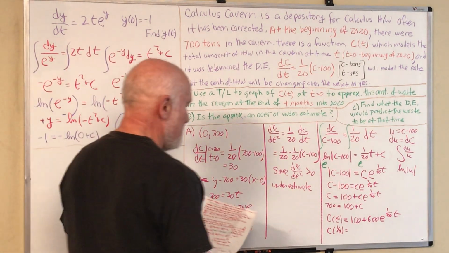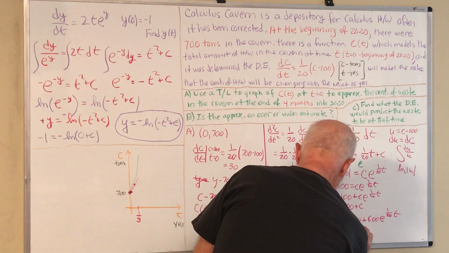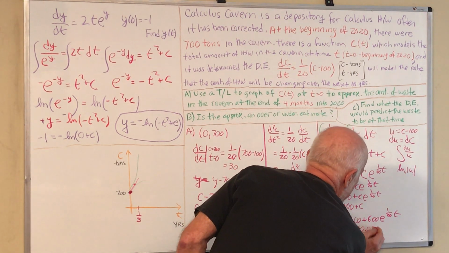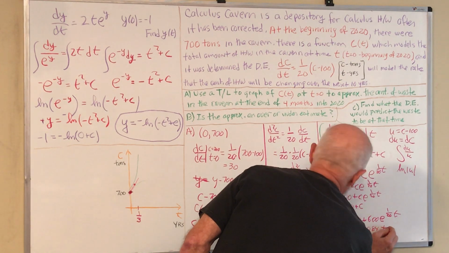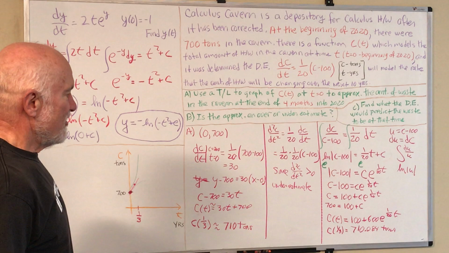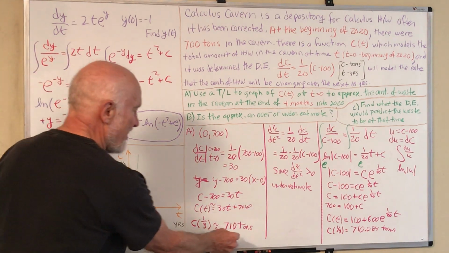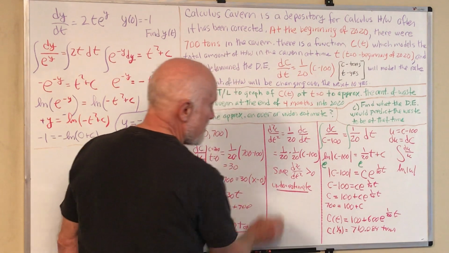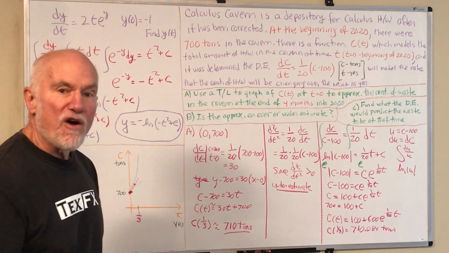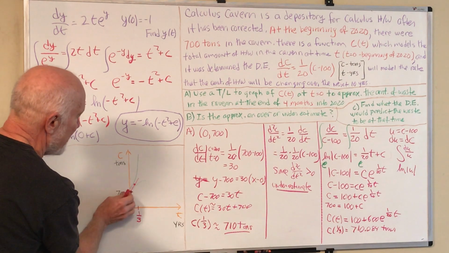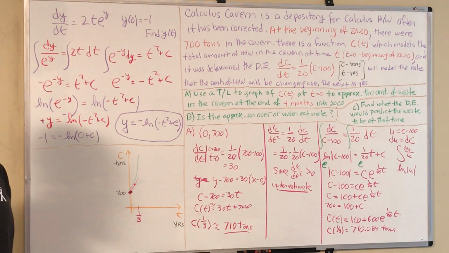And it comes out to be 710.084 tons. So what did we see? That tangent line really was an underestimate, but it wasn't too far off. Because you're only looking at 1/3 of a year, the tangent line did a pretty good job of estimating.